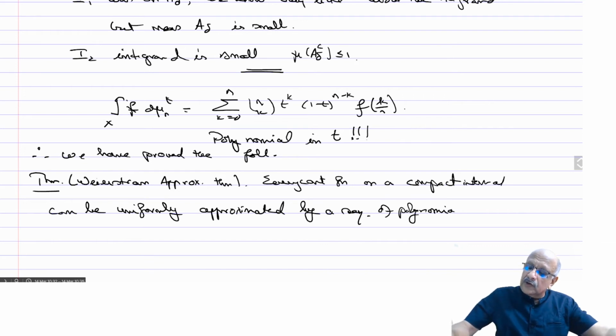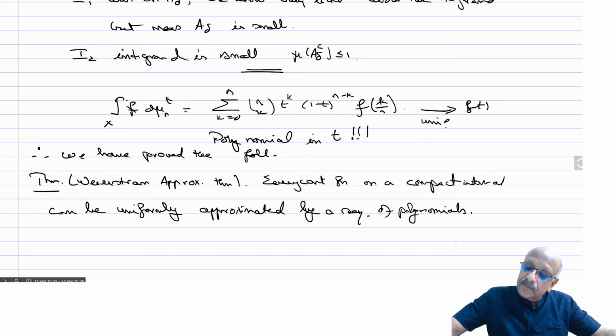We have done it on 0, 1, but you could have done it in any other interval accordingly. You prove it for 0, 1 and then simply by mapping 0, 1 to any finite interval a, b, you can prove it. Those are just jugglery. And this polynomial converges uniformly to f of t as n tends to infinity.